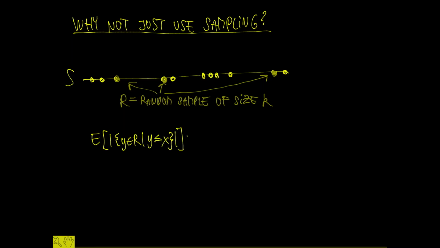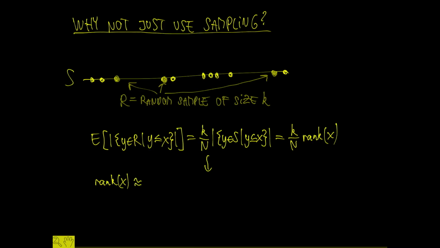So in particular, if we look at the random sample R, the expected number of things that are less than or equal to x is going to be some number times the rank of x. And this number is k over n, where k is the size of the sample and n is the number of elements in the set.